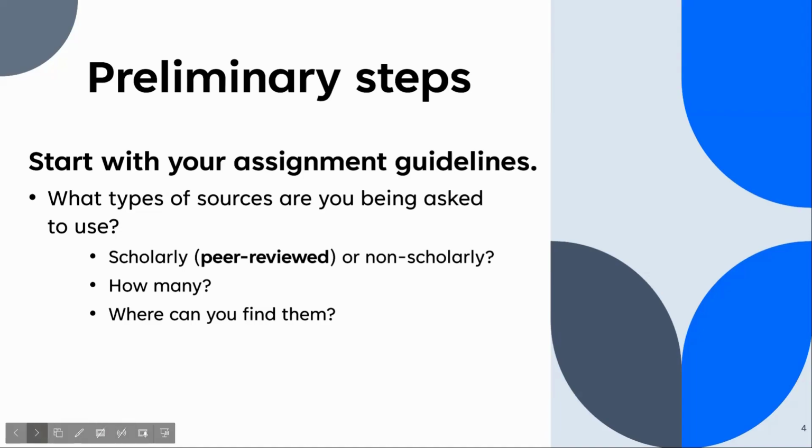Is it just one source? Is it to use your textbook and then search for more sources? And where can you find all of these things? For example, if you're looking for a non-scholarly source, you would look in a different place than if you need scholarly and peer-reviewed sources. There's a lot to look for and think through before you even start searching.